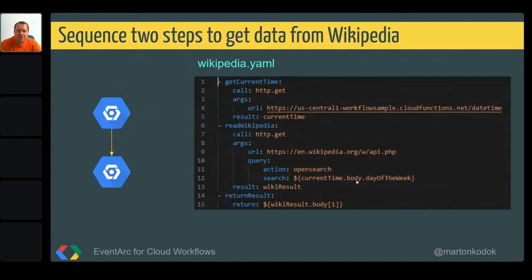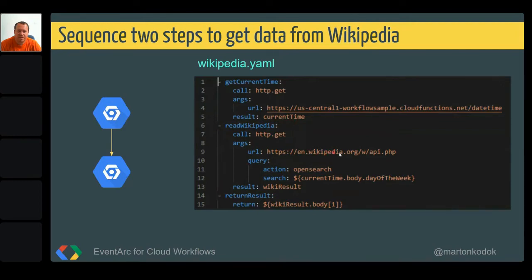Just a hello world example. Here you have 3 steps: get current time, read Wikipedia, return result. So essentially, to get the current time, we are just putting here a cloud function example that returns a JSON document, and that JSON document is written into the current time variable.